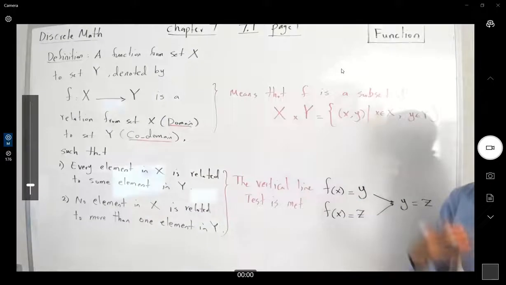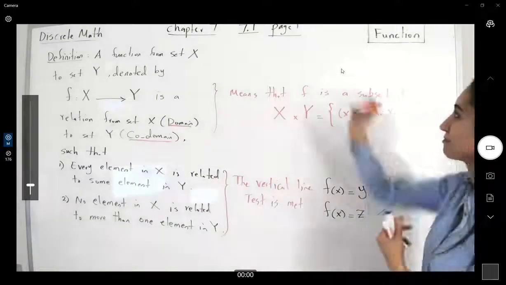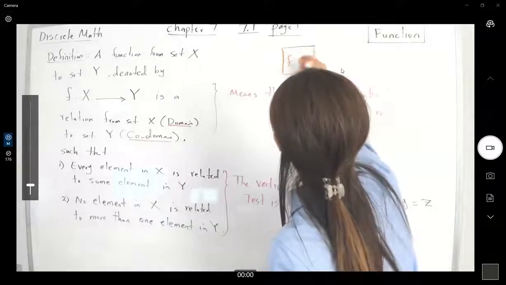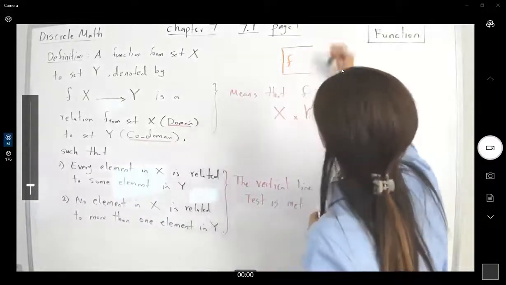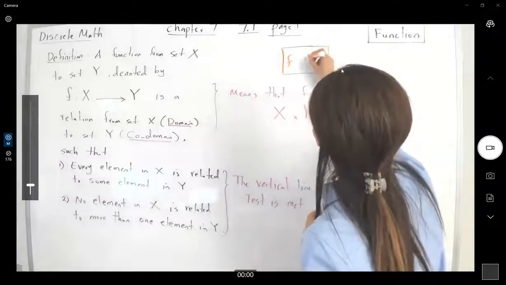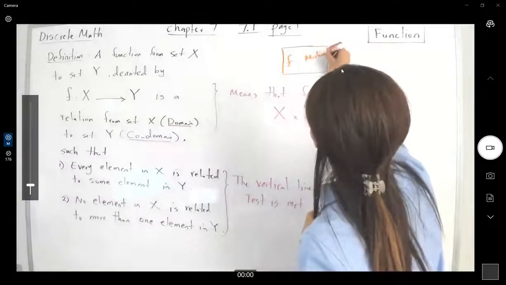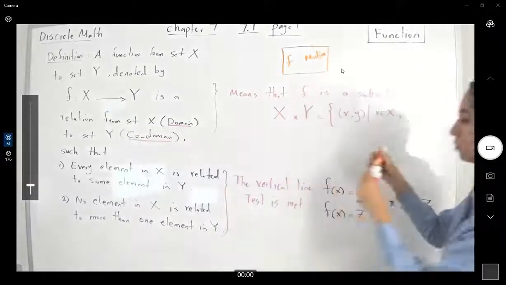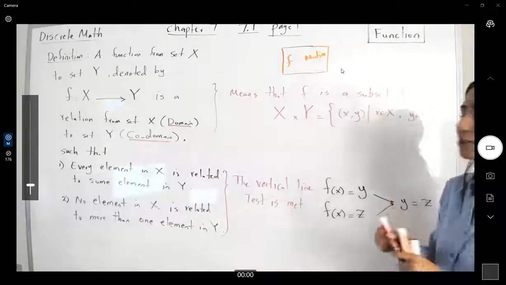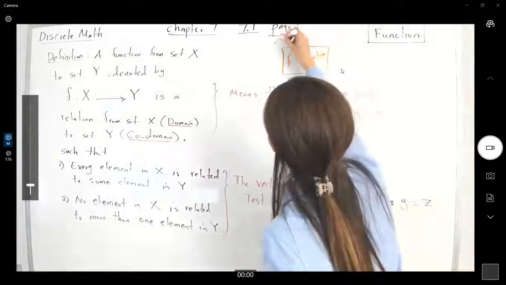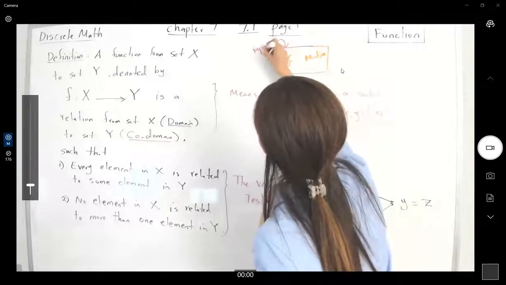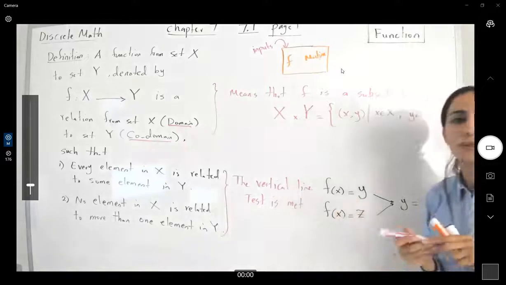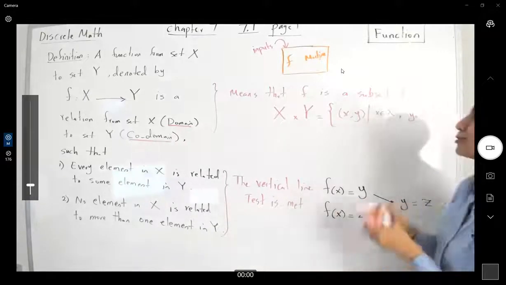Again, a function acts like a machine. This is the machine that you have, F as a machine. You plug in some values, input values from X, and this machine acts on those input values and gives you some outputs.